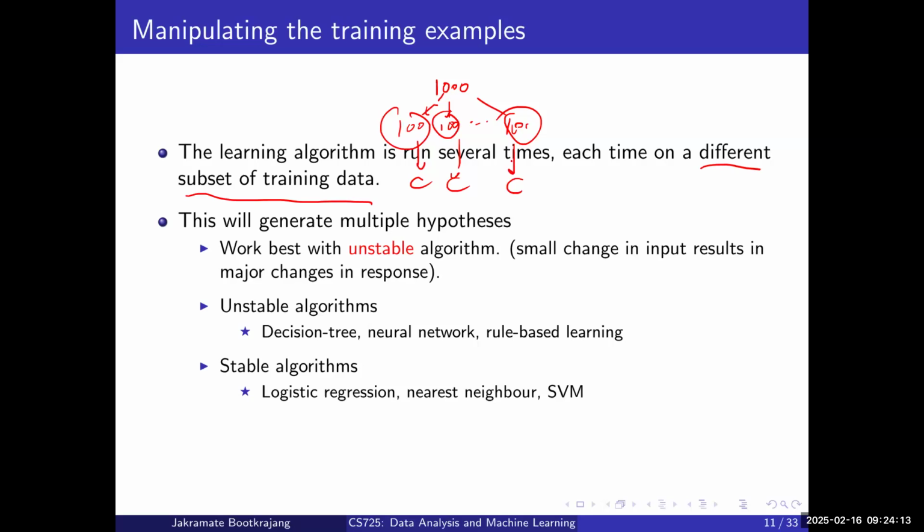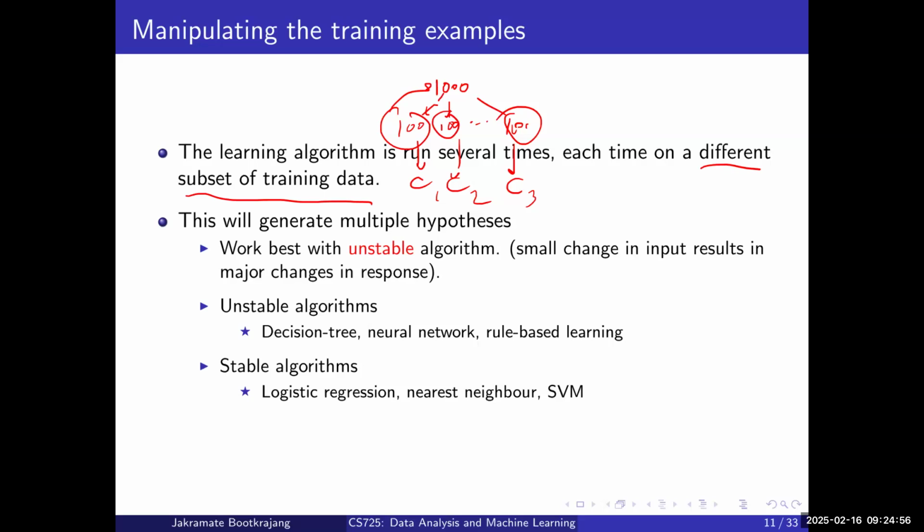So you have a different classifier for each of the smaller data sets. This will generate multiple hypotheses, but there's no guarantee that all of them will be diverse. It will heavily depend on the data. If you sample the data very well, and this 100 can represent the 1,000, then you still get the same result.